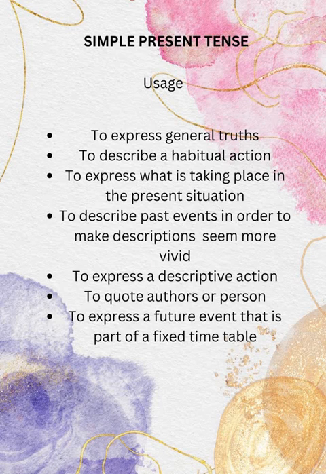Lastly, we use simple present tense to express a future event that is part of a fixed timetable. Whenever we have to express a future event that is already fixed as part of a schedule, there again we use simple present tense.